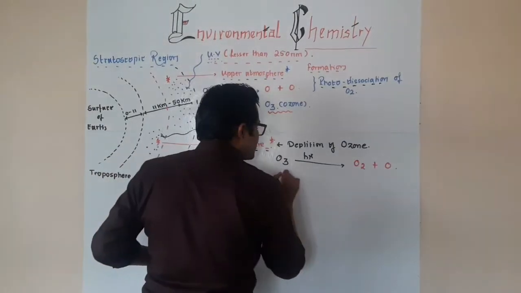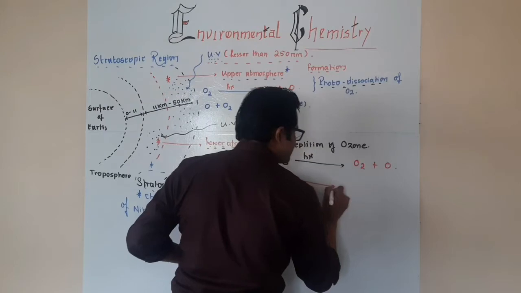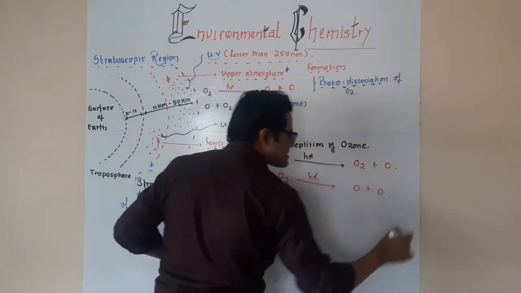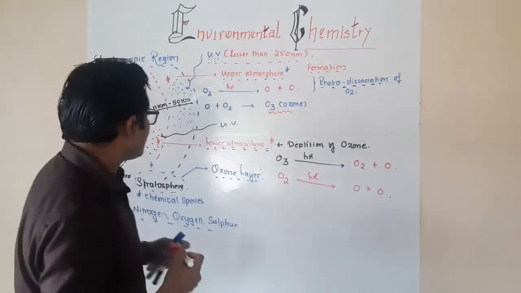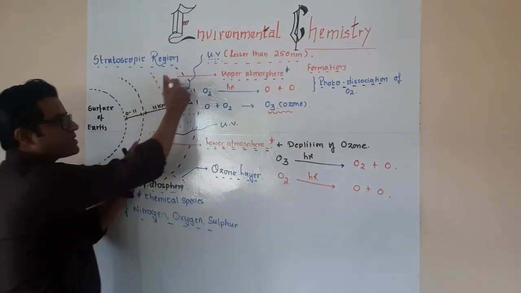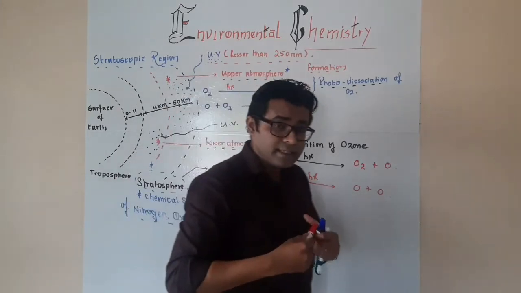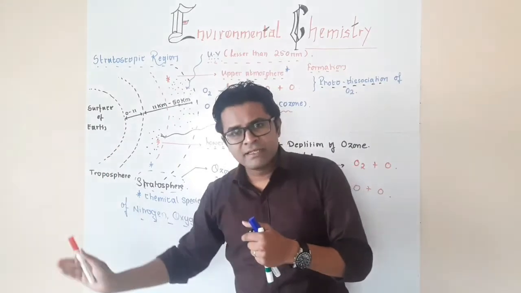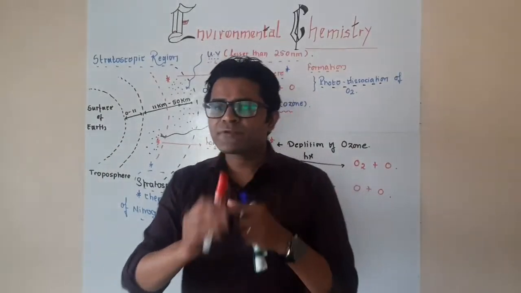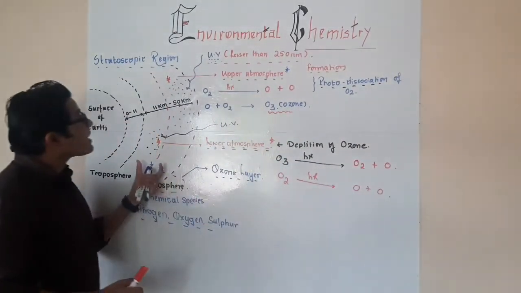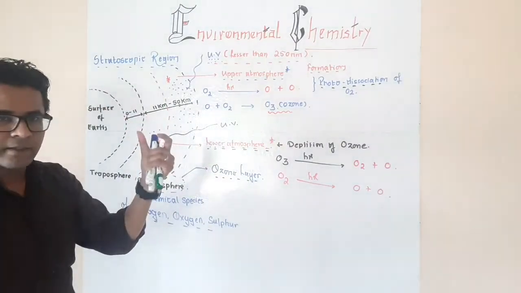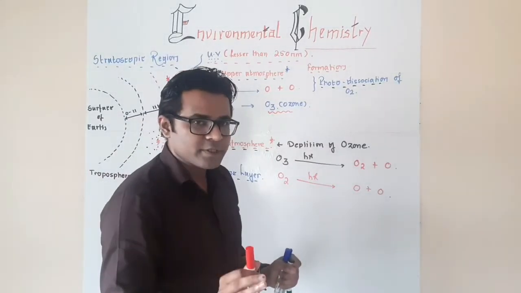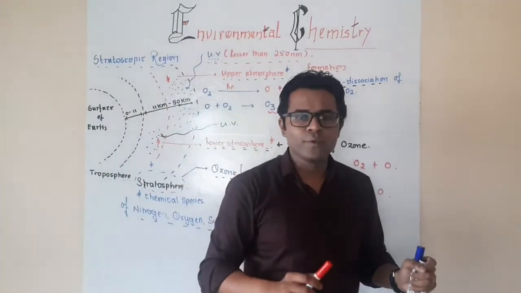Further, oxygen atoms are formed from oxygen molecules in the same manner. Here the dissociation occurs, here the formation occurs, and this is how the striking phenomenon of formation and dissociation of ozone keeps occurring in the stratospheric region. I hope you have understood the formation and dissociation of the ozone molecule.